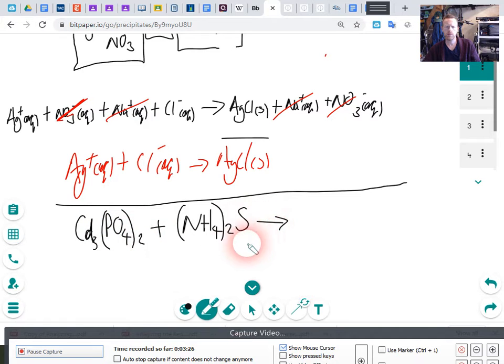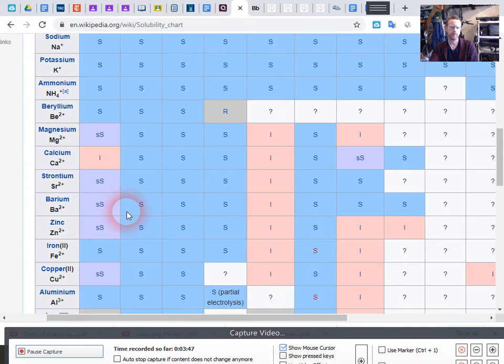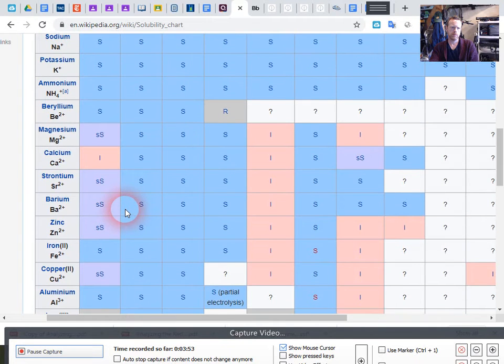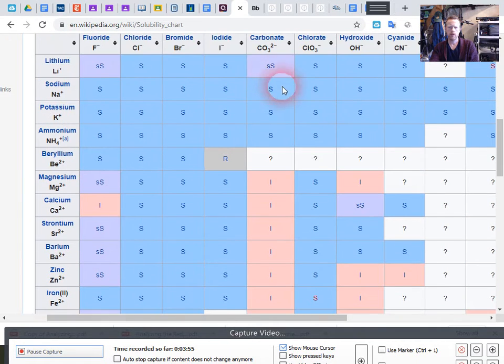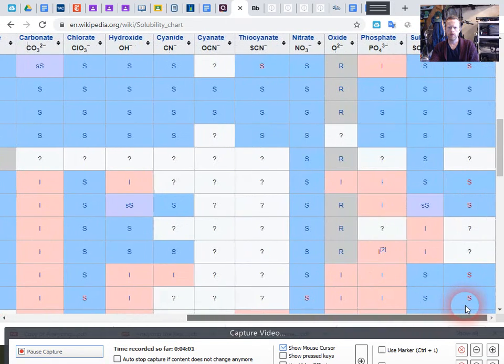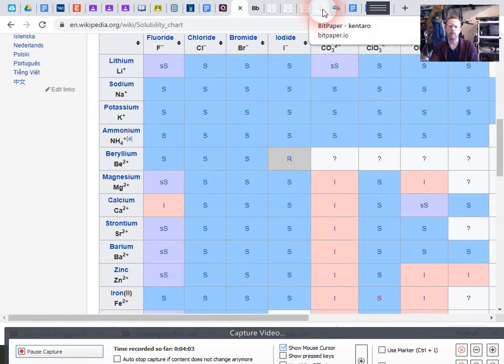So what does it go to? Well, I don't need you to write out the whole ionic, but I need you to recognize that you have 3 cadmiums, 2 phosphates, 2 ammoniums, and 1 sulfide. So you could have ammonium phosphate. Let's see, ammonium phosphate, ammonium: soluble. Okay, let's look at the other thing.